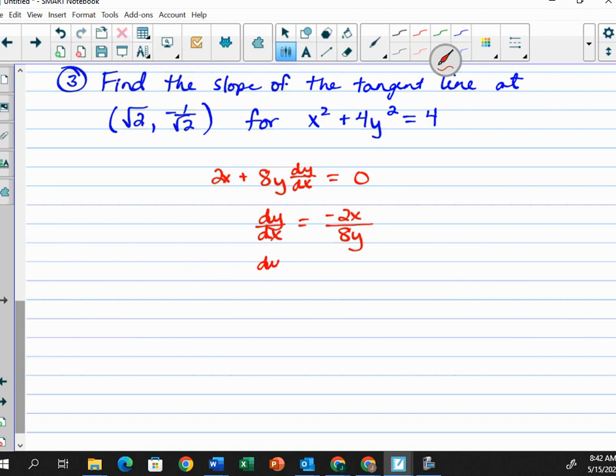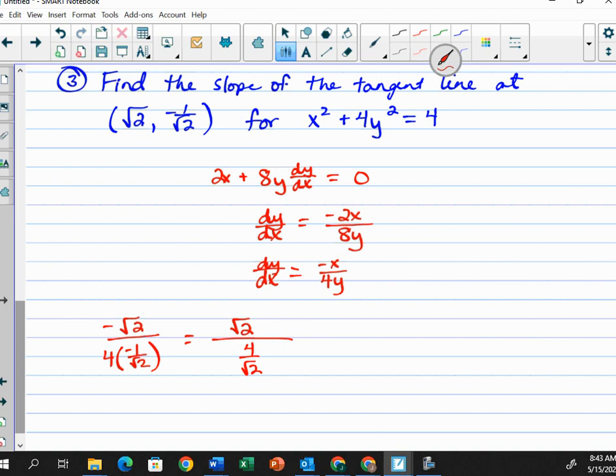Okay, so I've got dy dx. I'm going to simplify it just slightly. Are we okay with negative x over 4y? But now what? Because I've asked for the slope, I plug in the point. It's a silly amount of simplifying. The negatives cancel, giving 1 over root 2, divided by 4 over root 2.